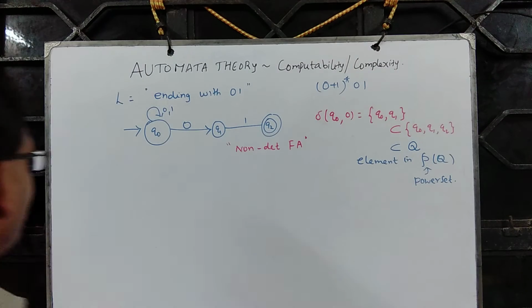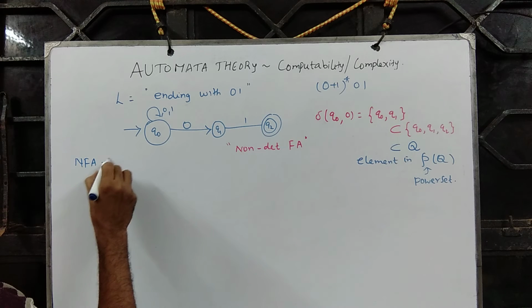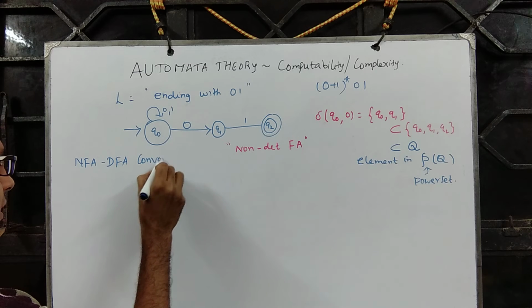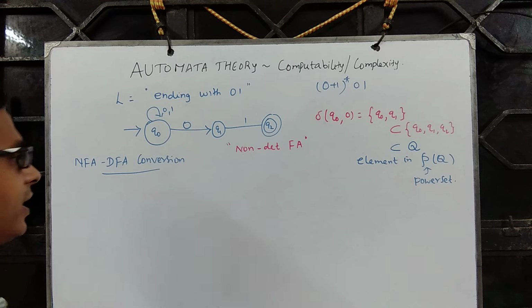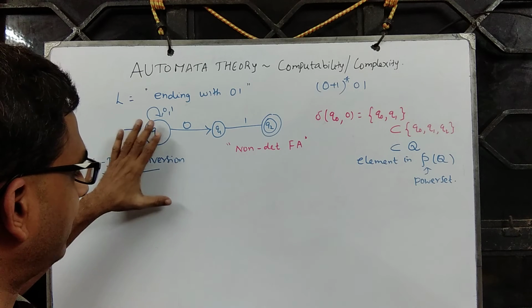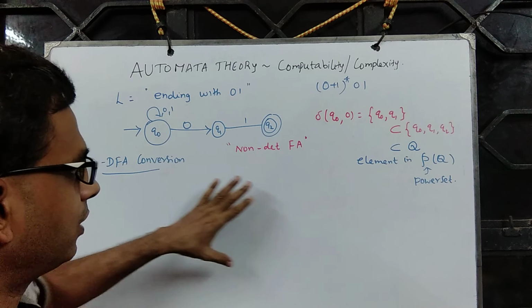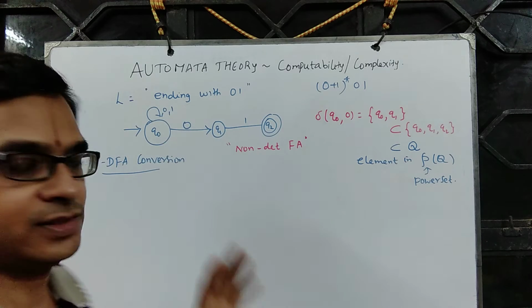Now, the interesting question is, can we come up with an equivalent DFA? Is there a procedure using which one can obtain an equivalent DFA? So, we have to come up with a deterministic finite automaton whose language is the same as this.